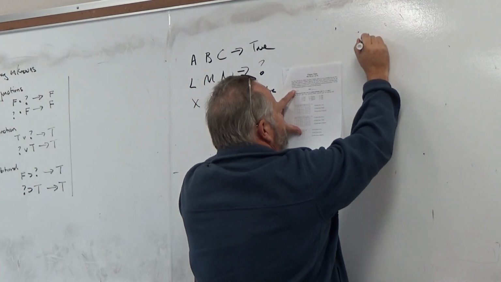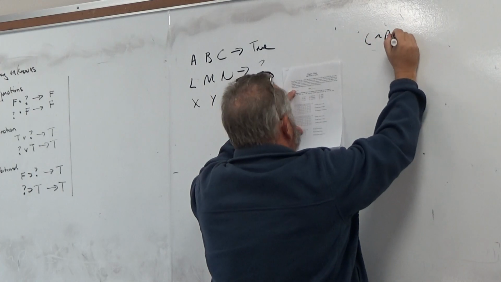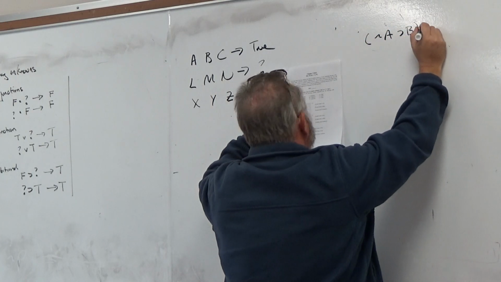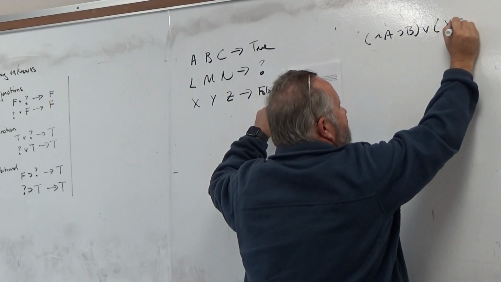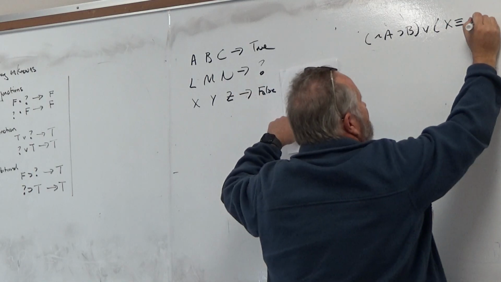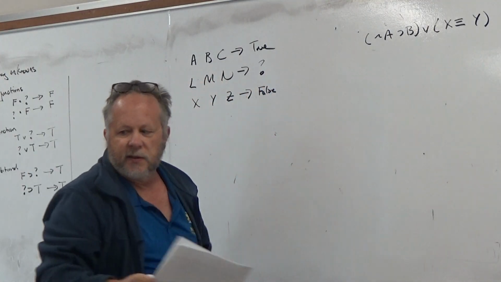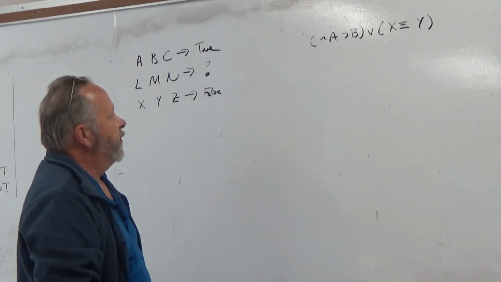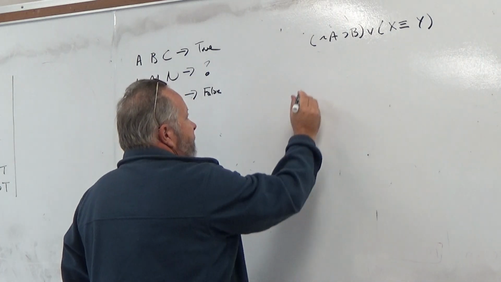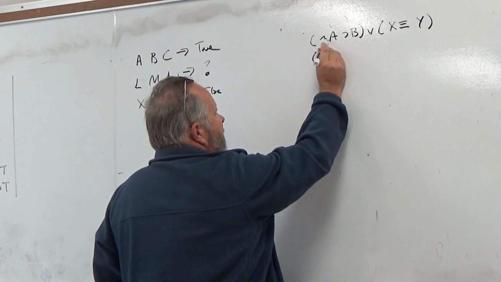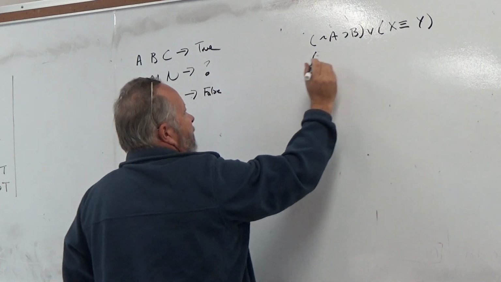So our first statement is: not A, then B, or X, if and only if Y, okay? So the first step is to substitute in the truth values as we know them to be. So not A, and A is true, so I'm going to put in false.